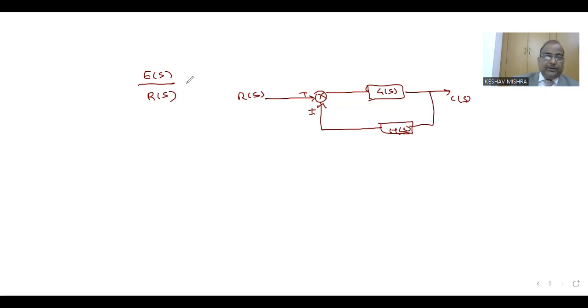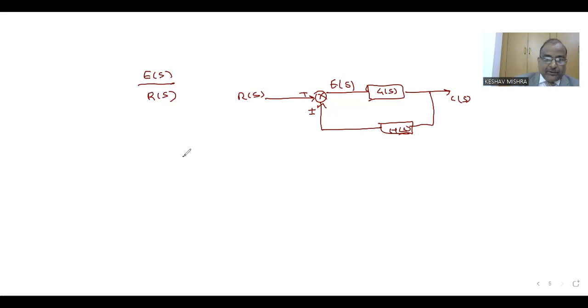And we have to find the ratio of E(s). E(s) is the error signal. We are going to find the relation of the transfer function E(s) upon R(s).